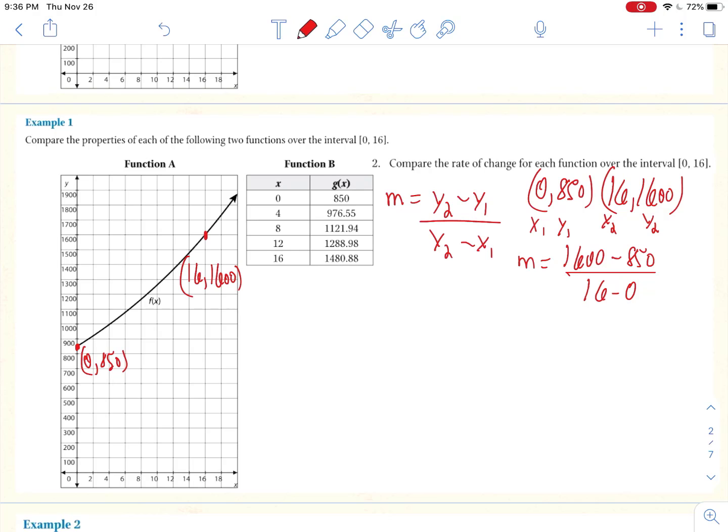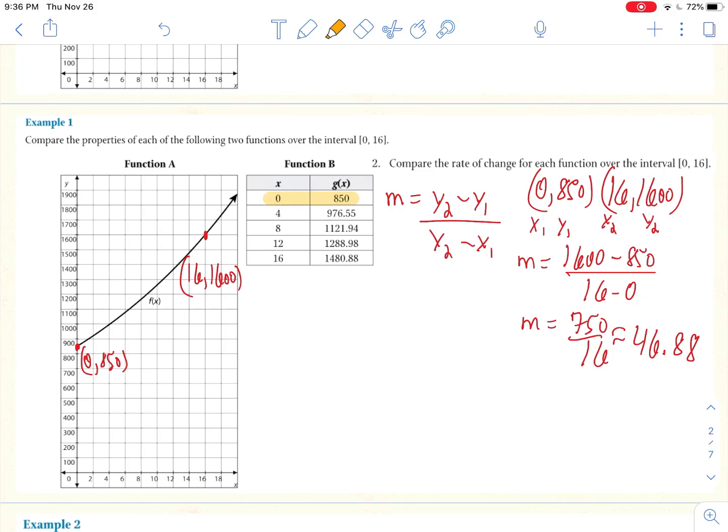If I take 1,600 minus 850, that's going to give me 750. And then if we take 16 minus 0, that's going to give us 16. When we take 750 divided by 16 in our calculator, we're going to get approximately 46.875. We're just going to go ahead and round that up to 46.88. So our rate of change for function a is 46.88.